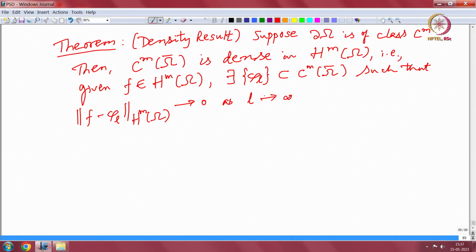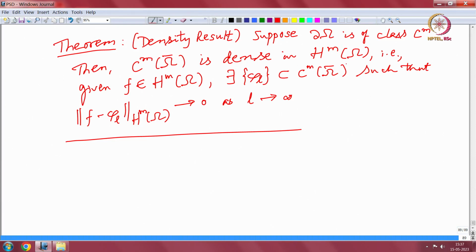Of course, the same statement you can write as: given any epsilon, you can find a smooth function approximating f in the H^m norm.